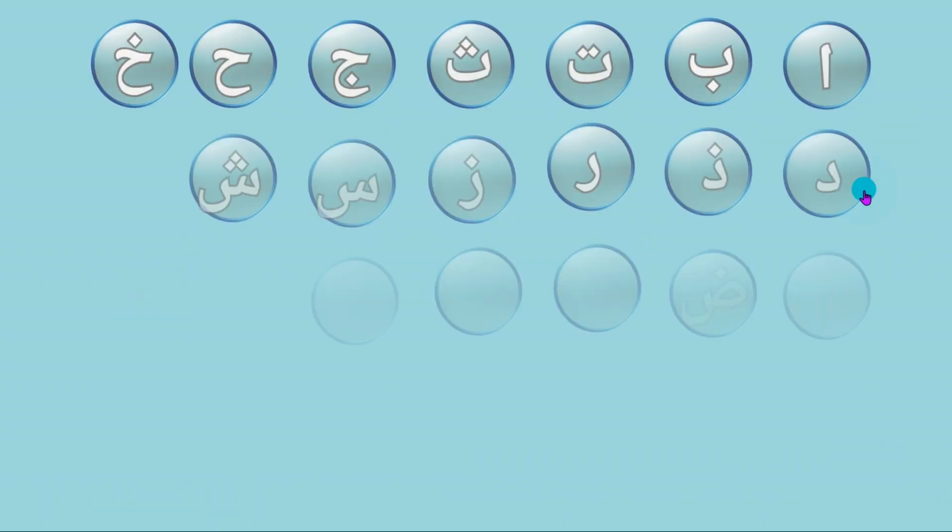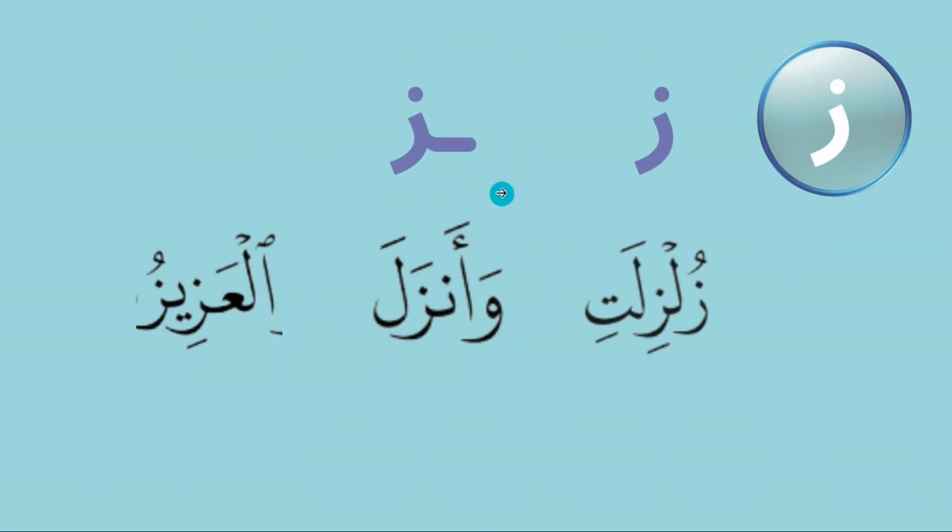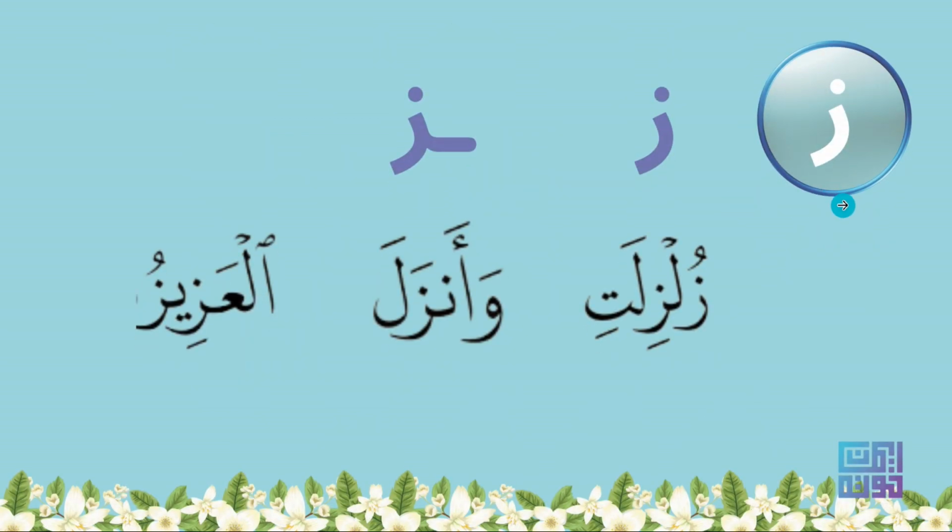Then we come to the last letter that we are going to talk about today, and it's the letter Z. Here we can see it follows the same writing rules like the Dal, Dal, Ra, and Z. So here we have the letter Z. Can you see the curve of it?